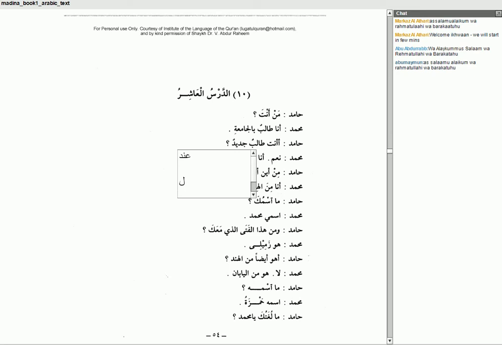Now, Enda is used to speak about objects which you possess.